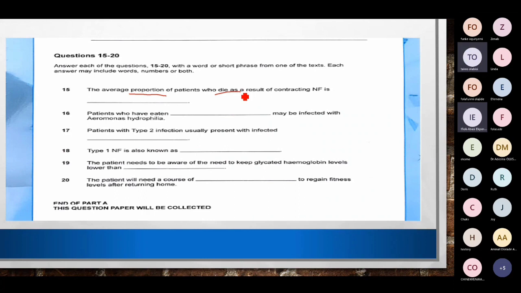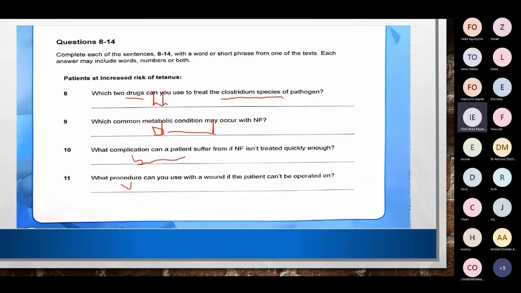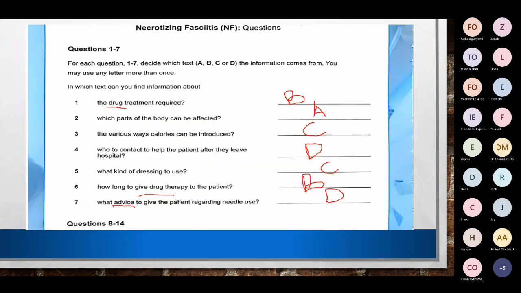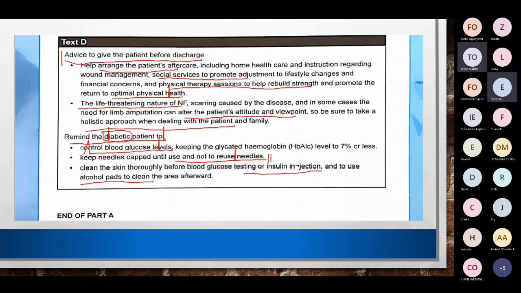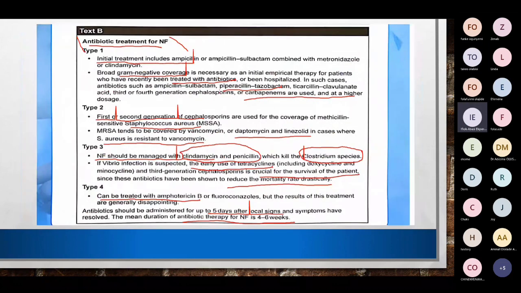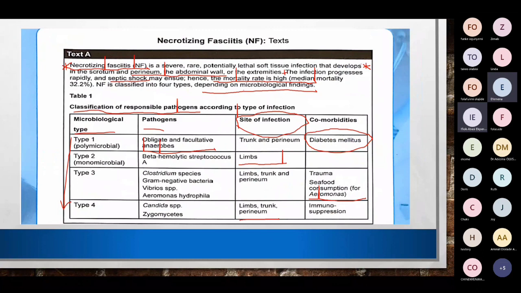Most likely this answer is going to be numerical. Somebody is saying we have numbers in text A. I can see 32.2% here. Proportion, percentage.